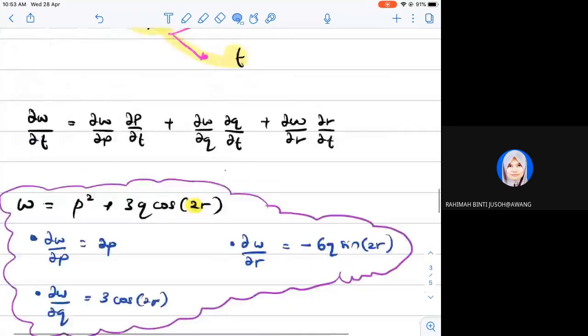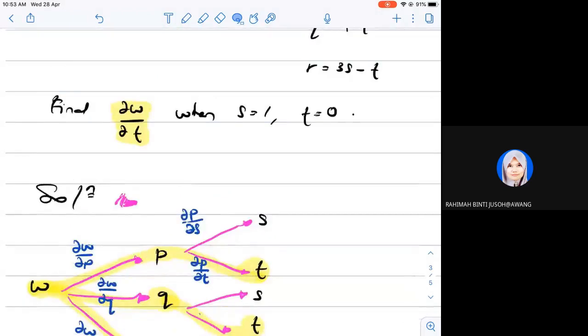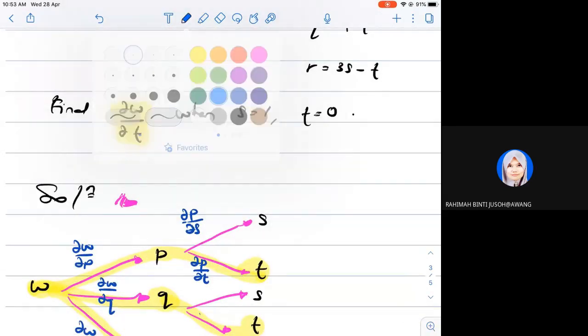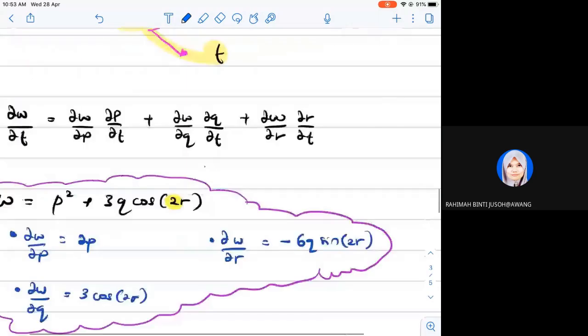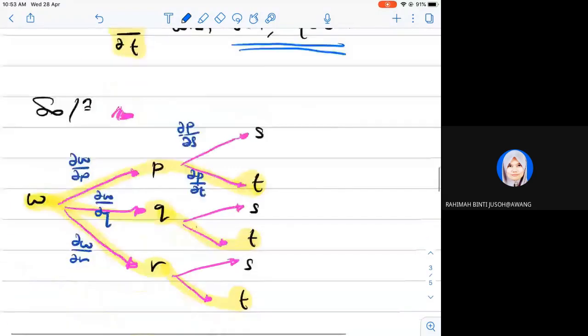Oh, wait a minute. They gave the time, the value here. Okay, this is also important. They gave the values. So we have to identify, when S equals to 1, T equals to 0.